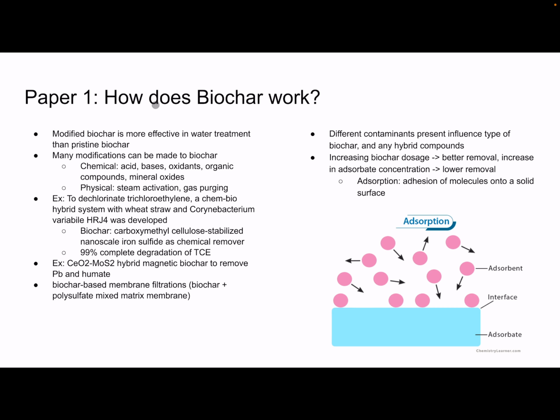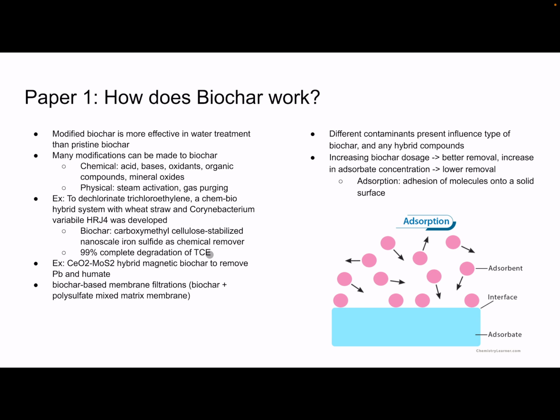Next, I'm going to go into how biochar works. So there's 2 types of biochar. There's modified and there's pristine biochar. Modified biochar is when you take the biochar and actually do chemical or physical modifications to it. So this includes treating it with acids, bases, organic compounds, or mineral oxide, whereas pristine biochar is just changing the temperature at which you heat it up, for example.